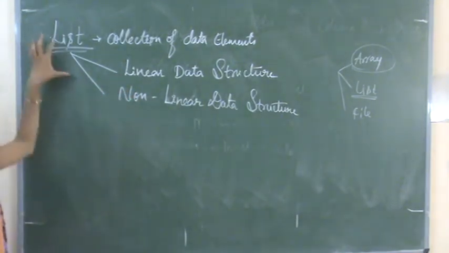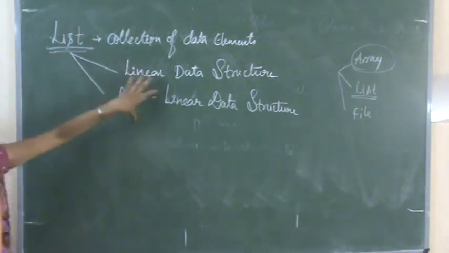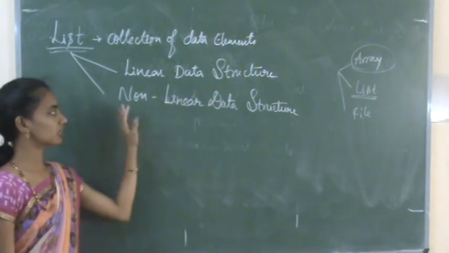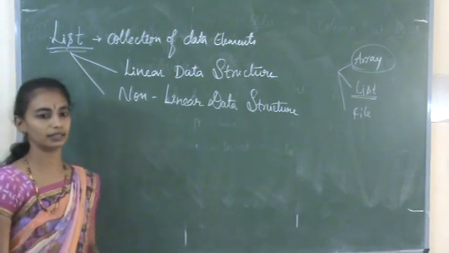This list is divided into two types, or classified into two types. One is linear data structure, another one is non-linear data structure.